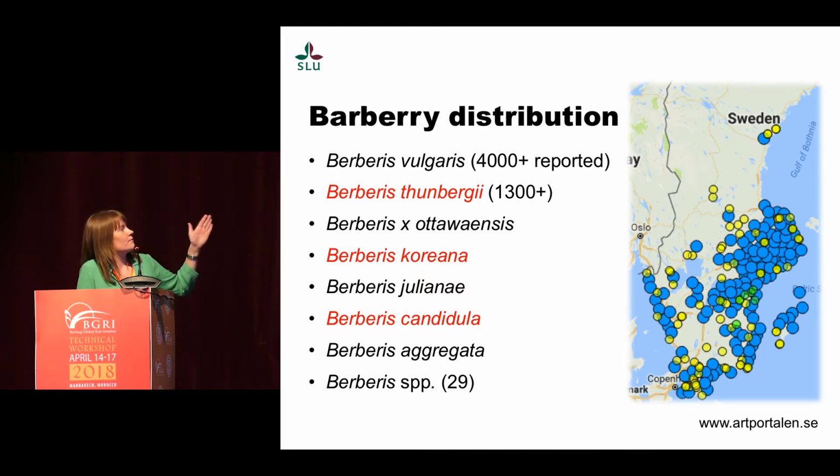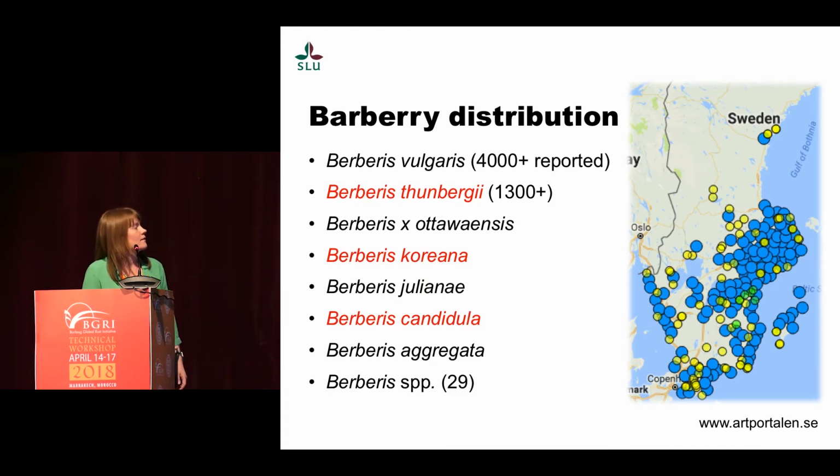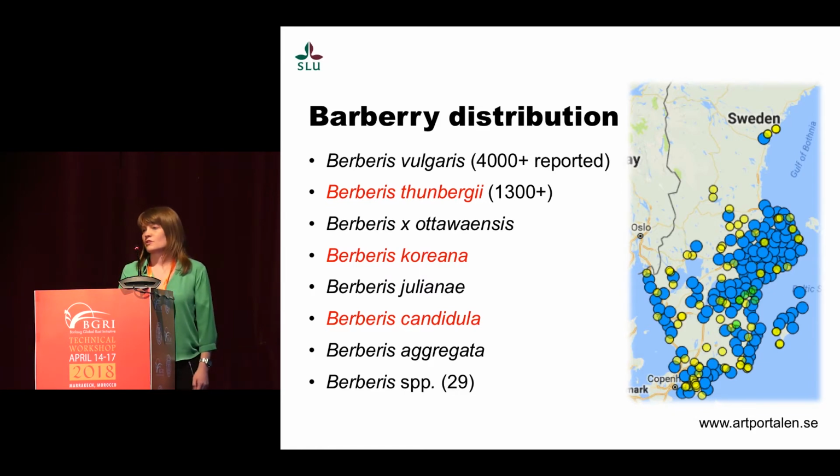The species in black are the ones that are susceptible to stem rust, and the species in red are the ones that are resistant. As you see, the most common species is Berberis vulgaris, which is the common European.